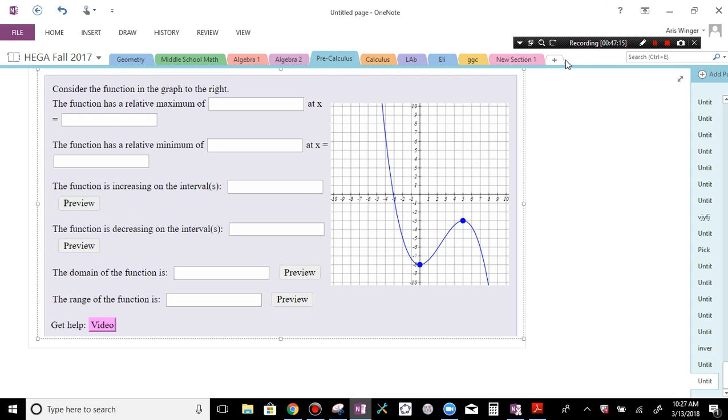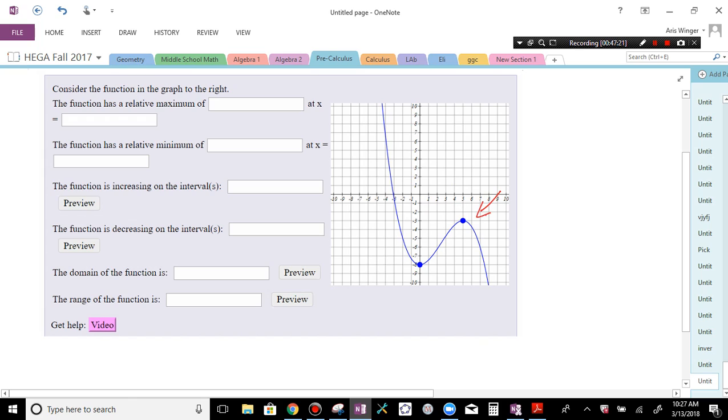So the definition of relative minimum is where you are locally the largest. That place is here. That is to say, in this area, this is the largest point on this graph, right? So from here to here, this is the largest point. And so that value is negative 3.